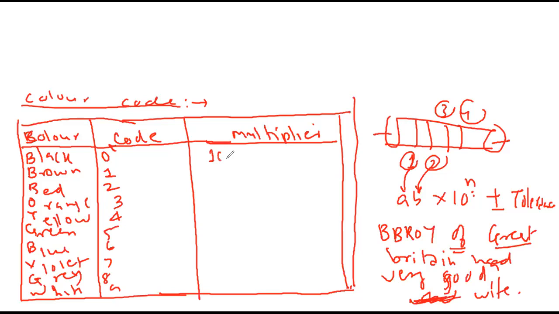If it is black as the third band, then the multiplier is 10 raised to 0, then 10 raised to 1, 10 raised to 2, 3, 4, 5, 6, 7, 8, and 9. Understood these multiplier factors? Just make this code and write the codings 0 to 9. Then I'm giving you one example.